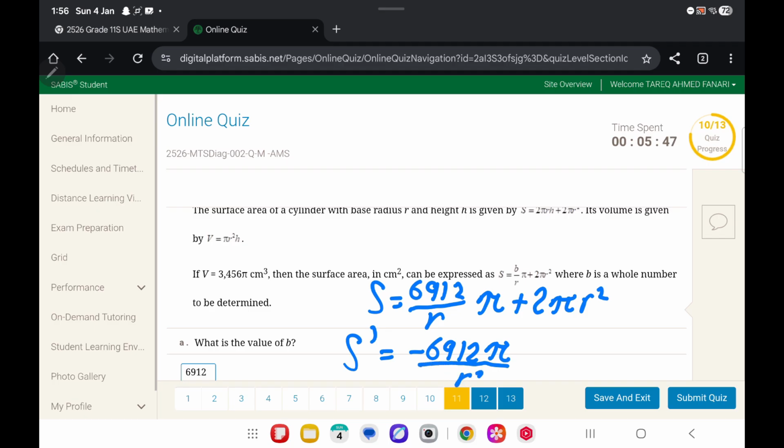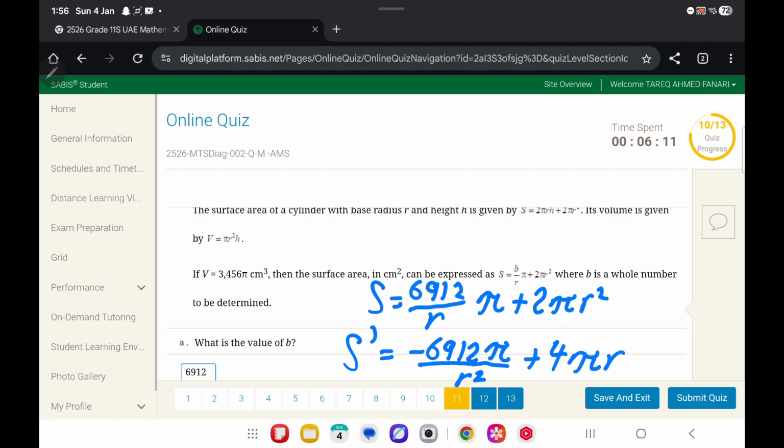Okay, I'm just doing this mentally. You should be able to do this off the top of your head too. Take this up, it'll be r to the power of negative 1, and differentiate like that. But if you want to do it using quotient rule, go ahead. You want to do it using chain rule, there isn't a chain rule, but go ahead, do whatever way you want, as long as you get the right answer. So this is my first derivative.